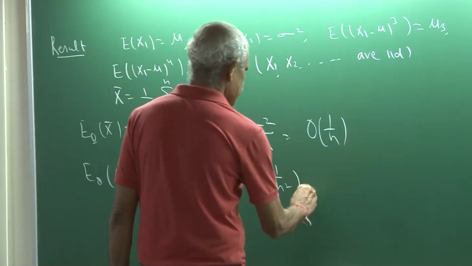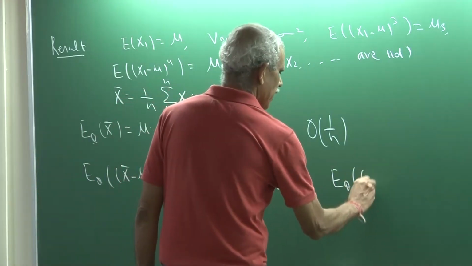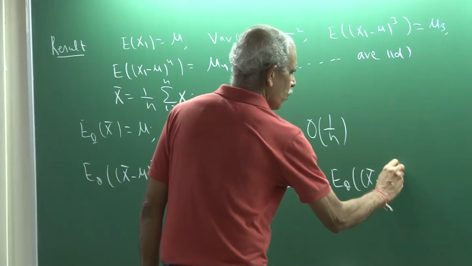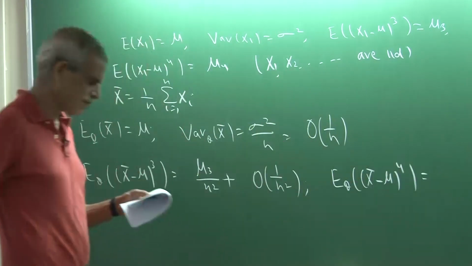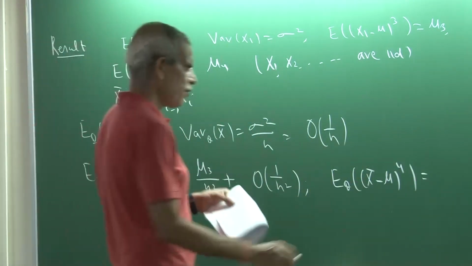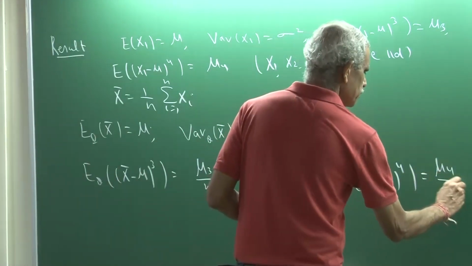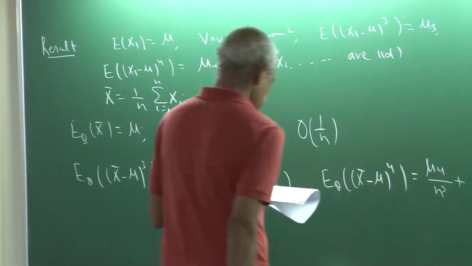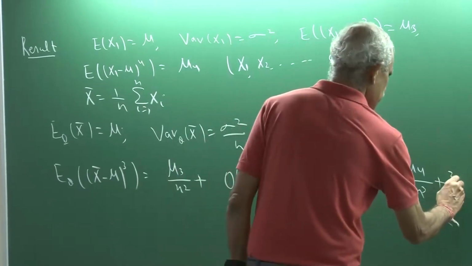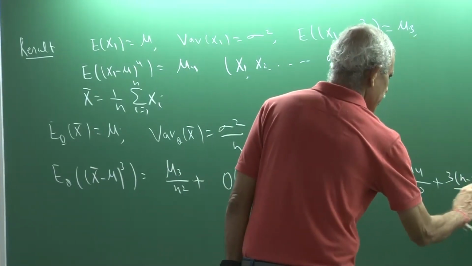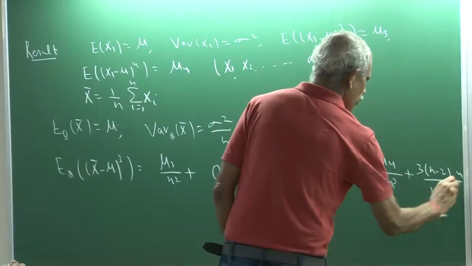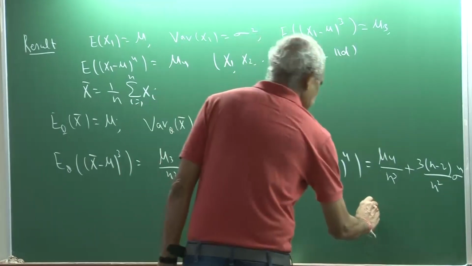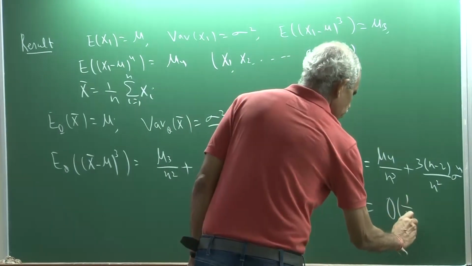And expected value of x bar minus mu whole 4, the central moment of sample mean, is mu4 upon n cube plus thrice n minus 2 upon n square sigma to power 4, which is again big O 1 by n square.